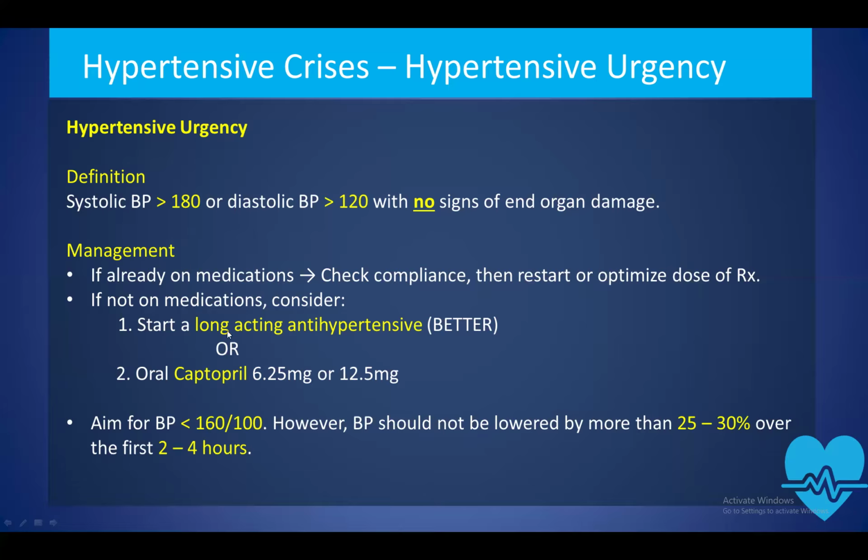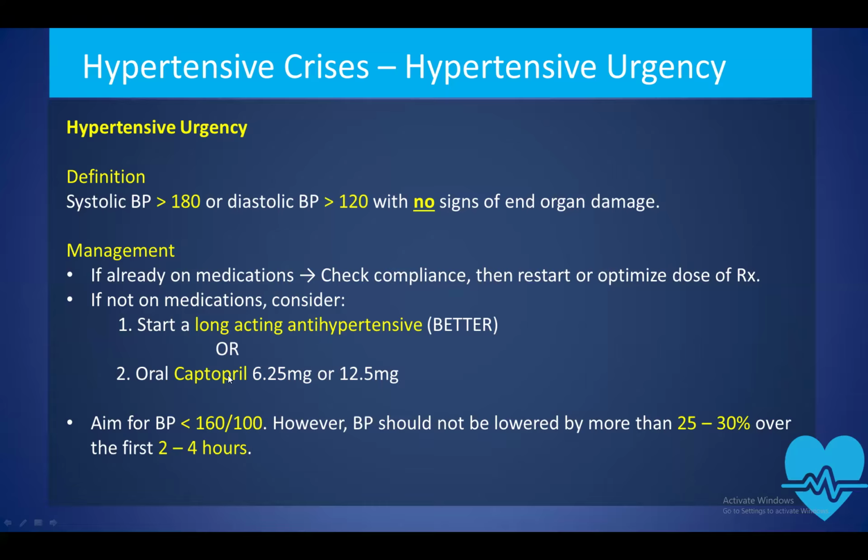The better option is to start a long-acting antihypertensive according to guidelines, that is ACE inhibitor, calcium channel blocker, or diuretics that we studied earlier. Another option is to give oral captopril 6.25 milligrams or 12.5 milligrams.